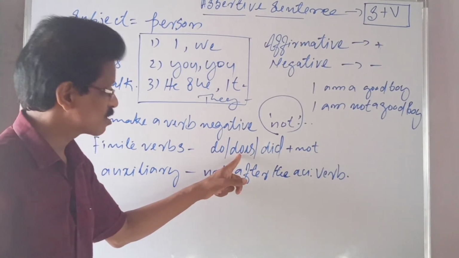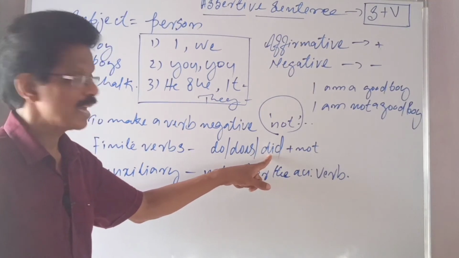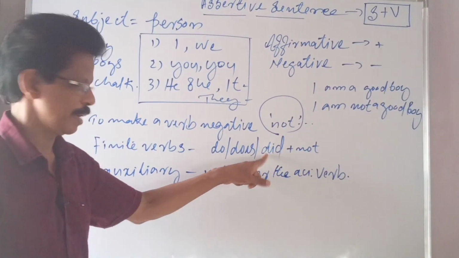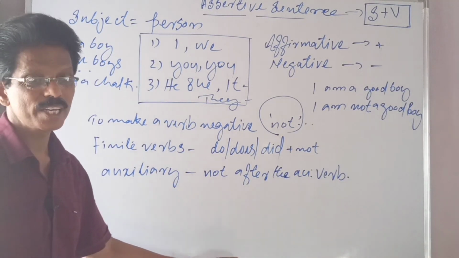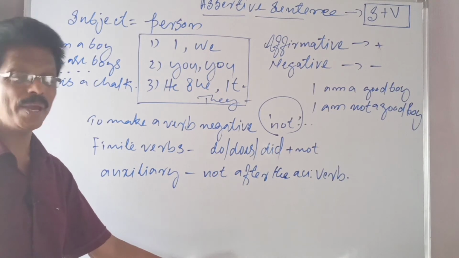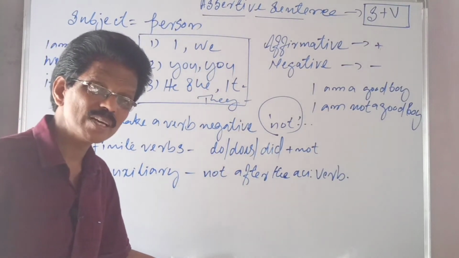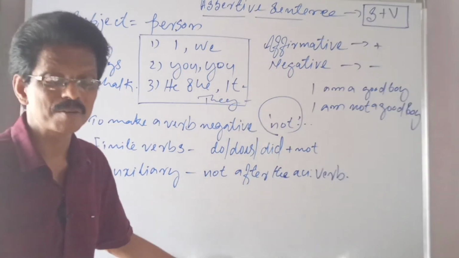He likes, he does not like. I liked, I did not like. He liked, he did not like. Okay? If the verb is an auxiliary, not is used after the auxiliary verb.